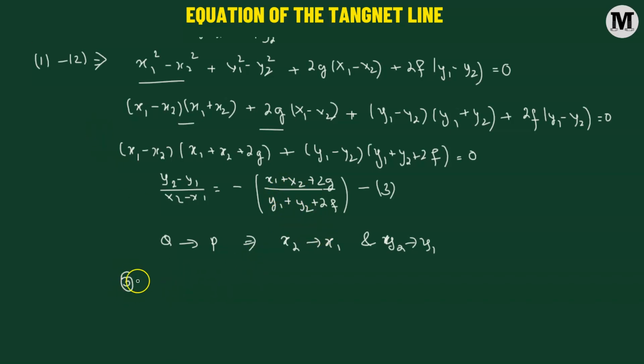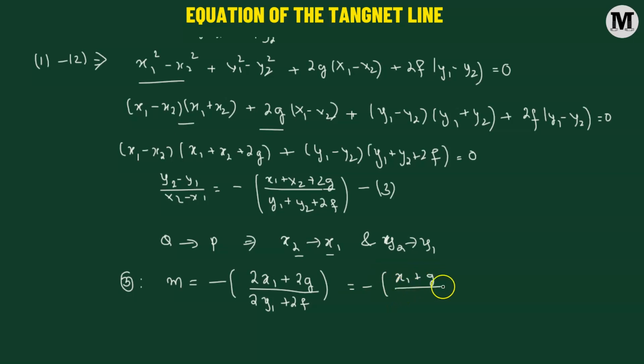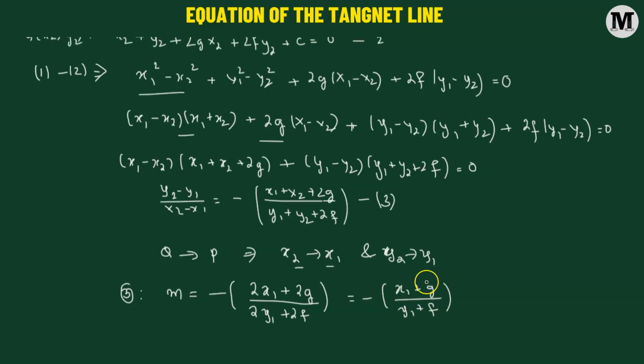So in equation number 3, the left hand side is nothing but the slope m, and then we have the expression x1 added to x2, but x2 is simply x1, so we have 2 times x1 added to 2 times g divided by 2 times y1 plus 2 times f. That means our slope value comes out to be negative of x1 plus g divided by y1 plus f. Fine. So we have obtained the slope of the line.